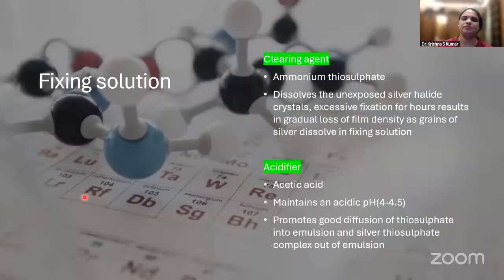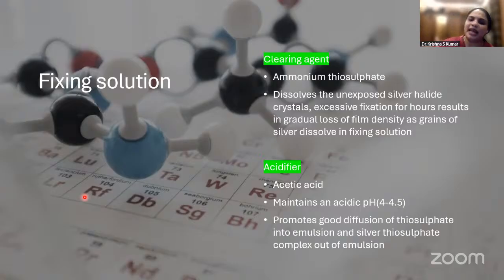So in the fixing solution CARP, C is the clearing agent, that is ammonium thiosulfate. It dissolves the unexposed silver halide crystals, but if you fix it for a longer period of time, the grains of metallic silver will also be lost in the fixing solution.